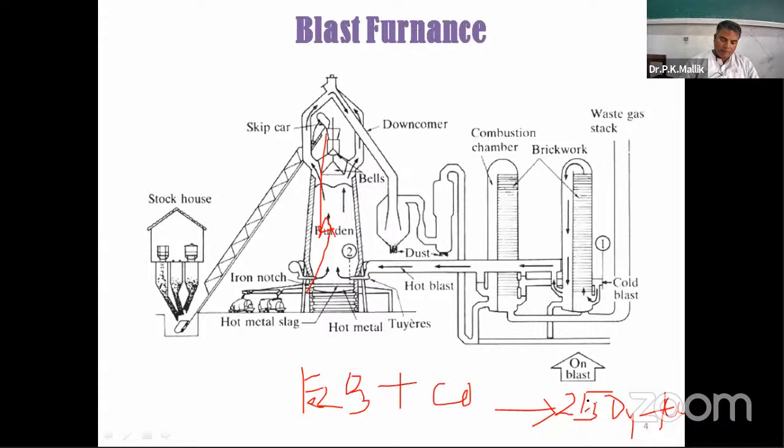You can write the reaction like this: FeO plus carbon monoxide generates pure iron plus carbon dioxide.